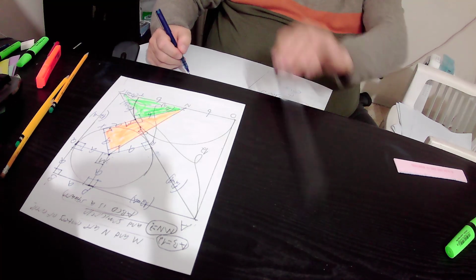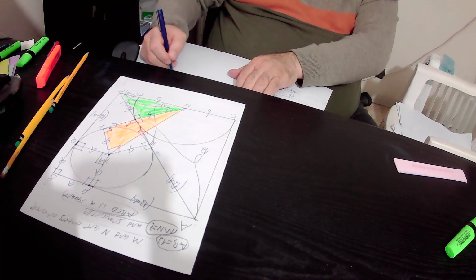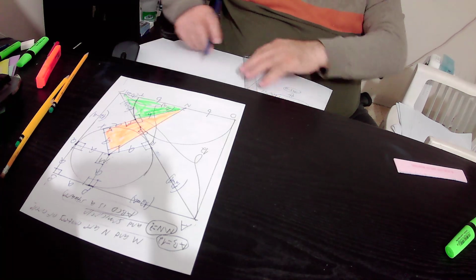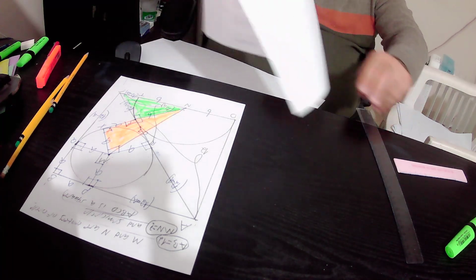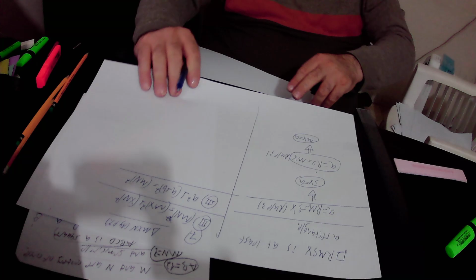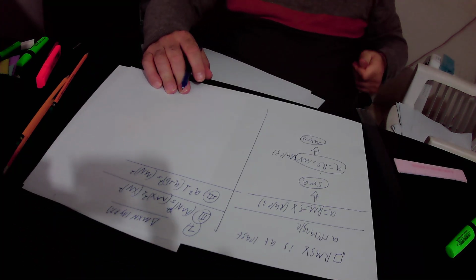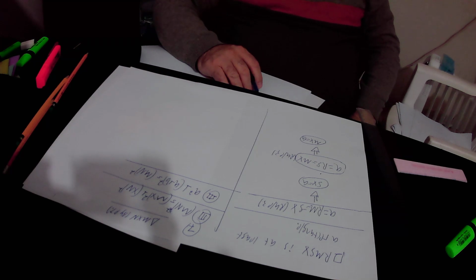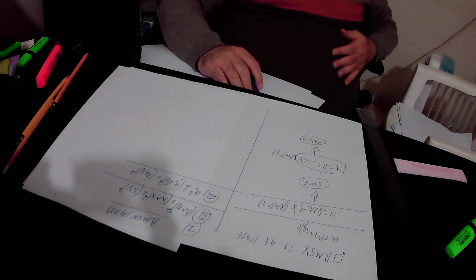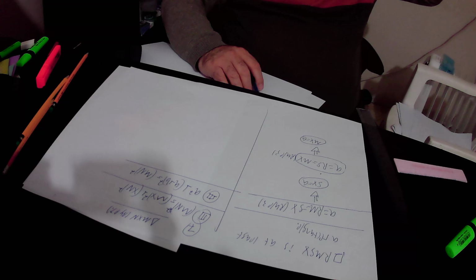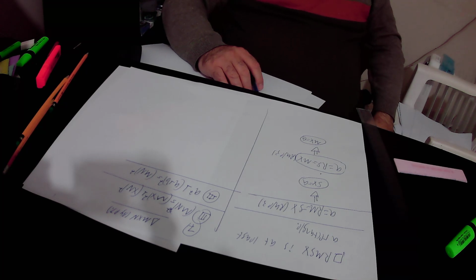So, in conclusion, according to equation number 3, we found out that a squared plus (a plus b) squared equals Mn squared. We have the values of a and a plus b. Therefore, we will substitute a by the value of a, and we will substitute a plus b by the value that we found for a plus b.